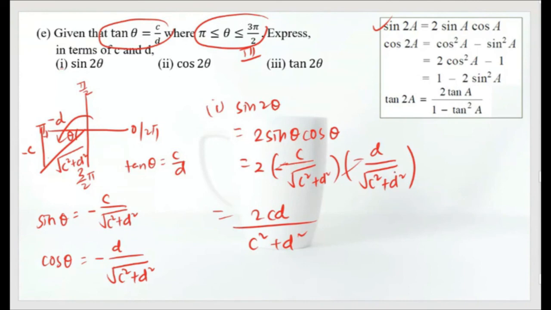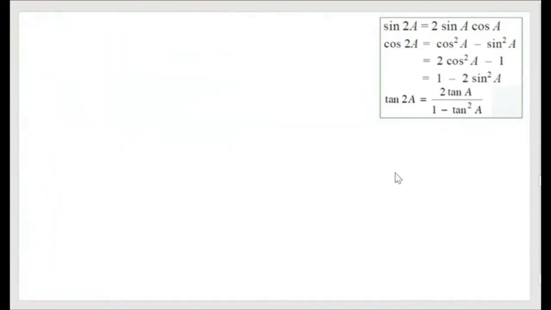And the second one, cos 2 theta. How to find cos 2 theta? We have the value for sin and cos already. Actually, all three formulas can work. Let's say we use this one: cos square theta minus sine square theta.